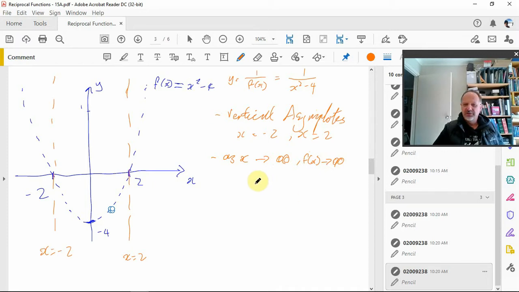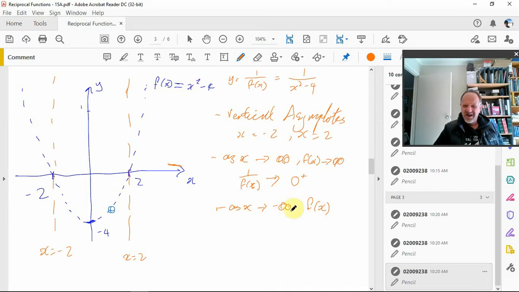And so 1 on f(x) then goes towards 0 from the positive side. So it goes like this. As x goes to negative infinity, then f(x) is negative infinity squared.